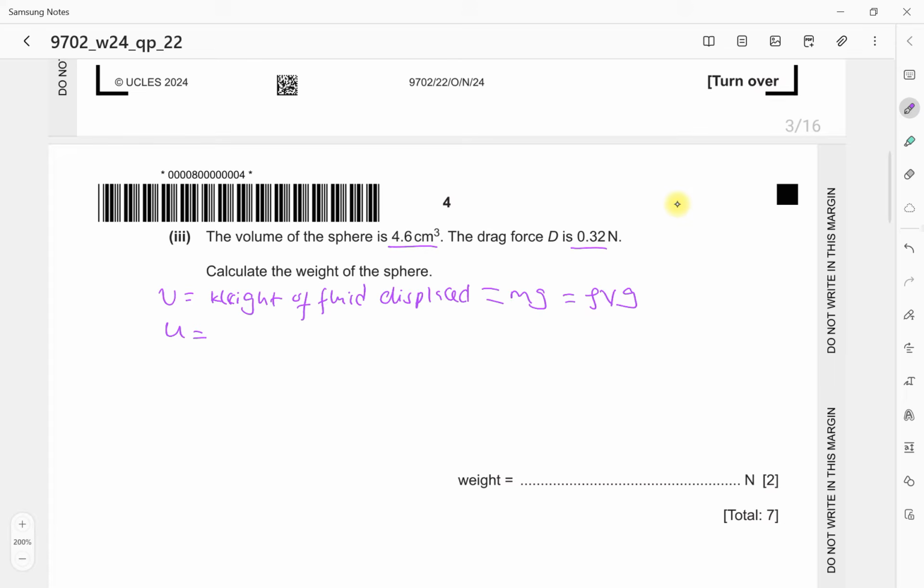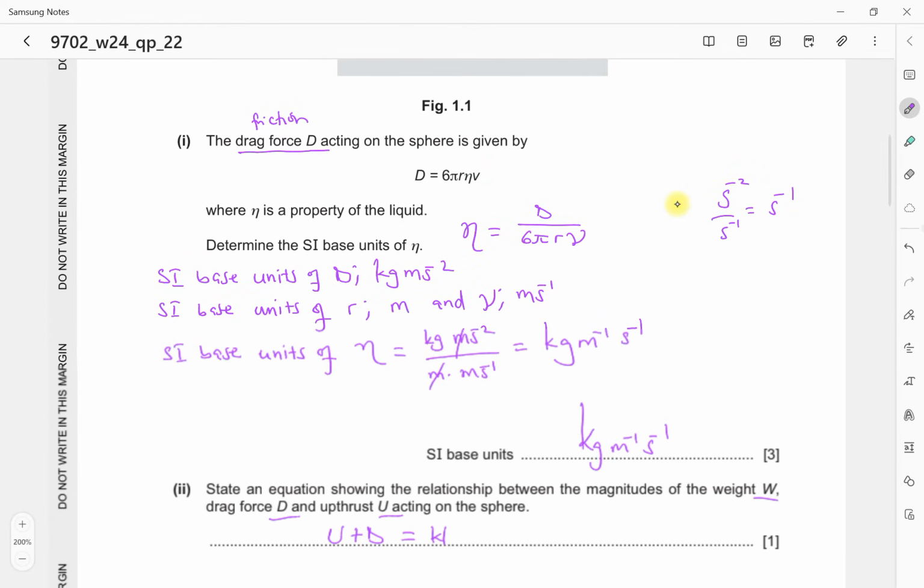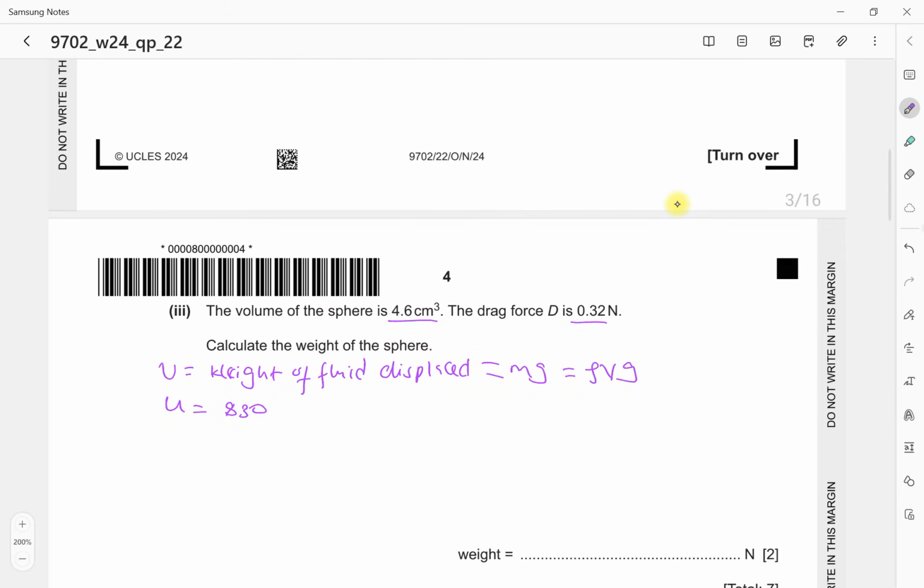So it means the upthrust is going to be equal to the density of the liquid, which was 830, density is 830, times g, which is 9.81, then times the volume, which is 4.6 times 10 to the power, because centimeters cubed is the same as 10 to the power of minus 6 to change it to meters cubed. So this is times 10 to the power of minus 6. So this is going to be our upthrust. I'll check this with my calculator.